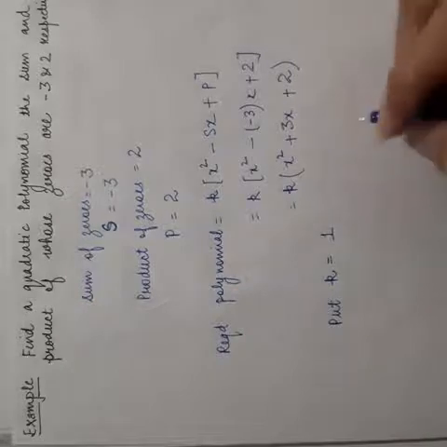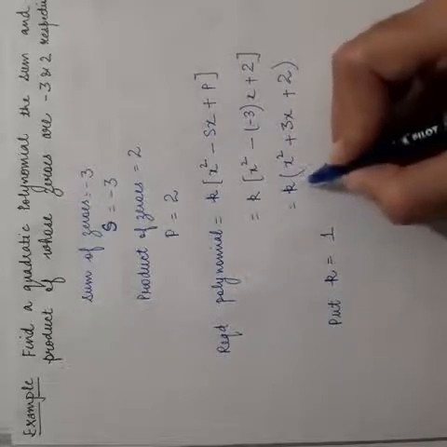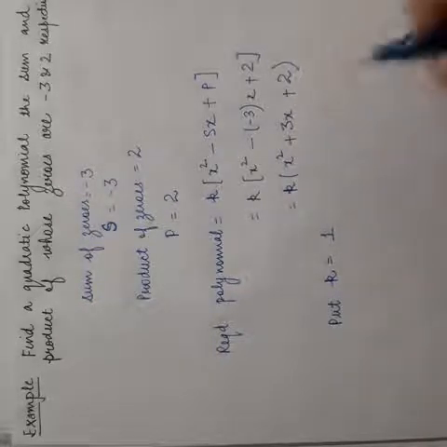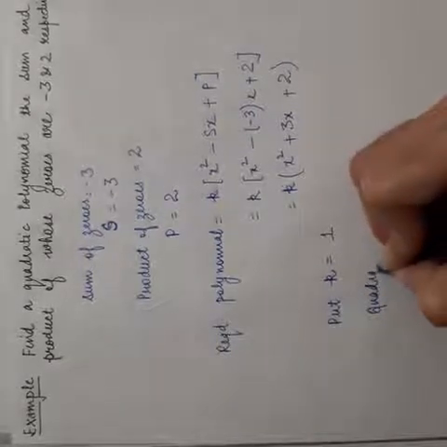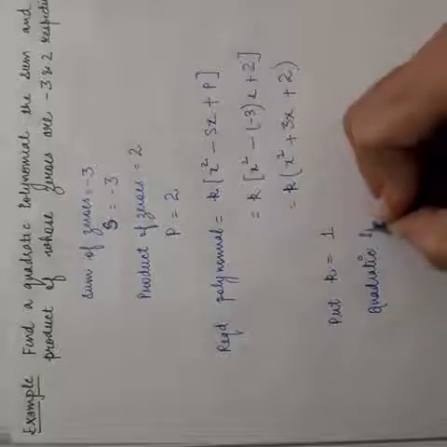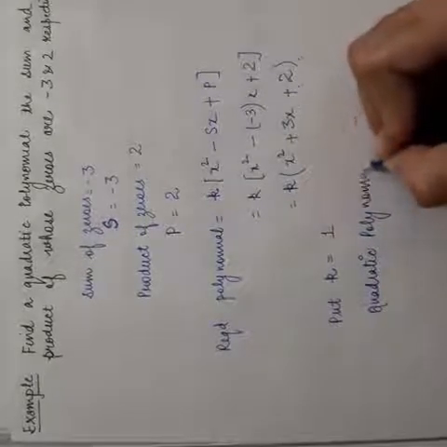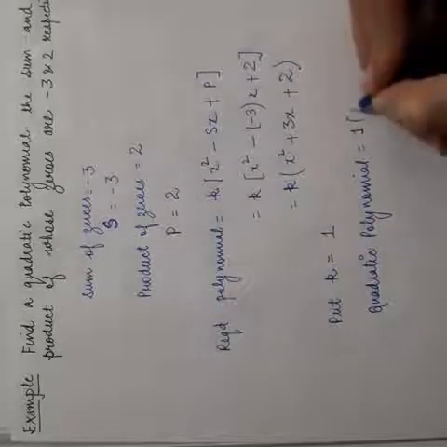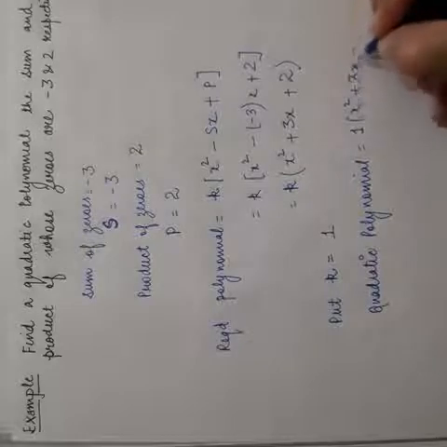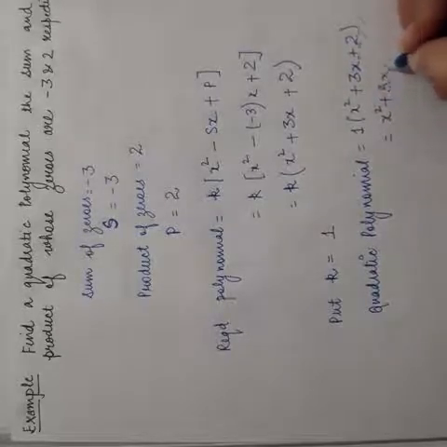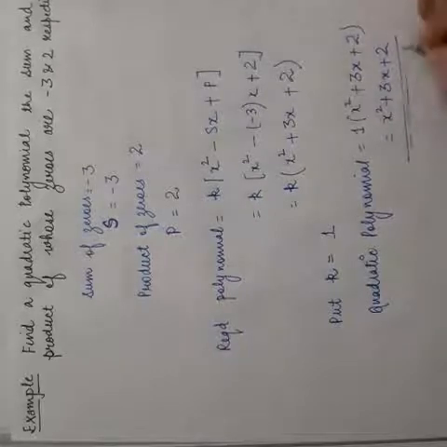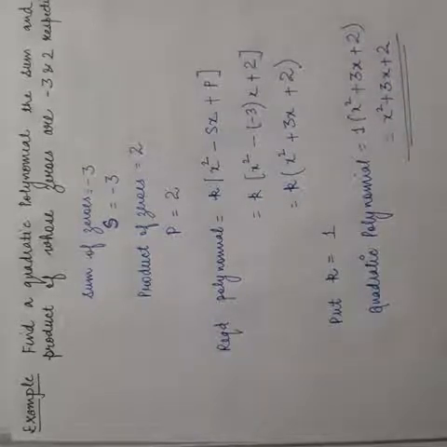In order to get one polynomial, we will use one unique value of k. So the quadratic polynomial becomes 1 into x square plus 3x plus 2, that is x square plus 3x plus 2 only. So this is your required answer.